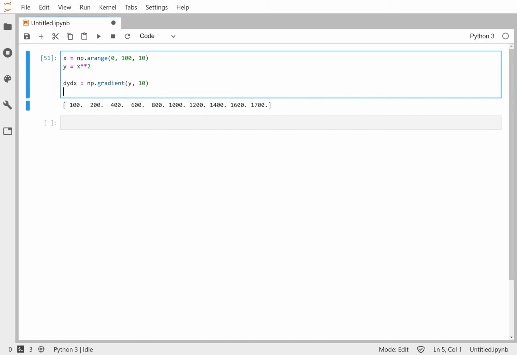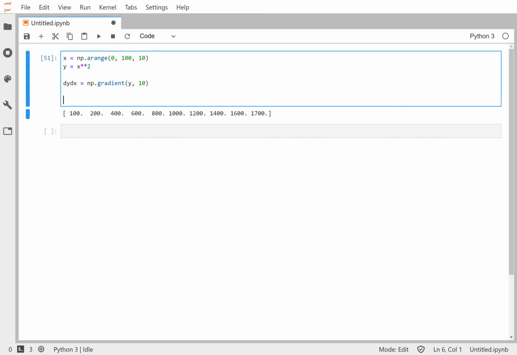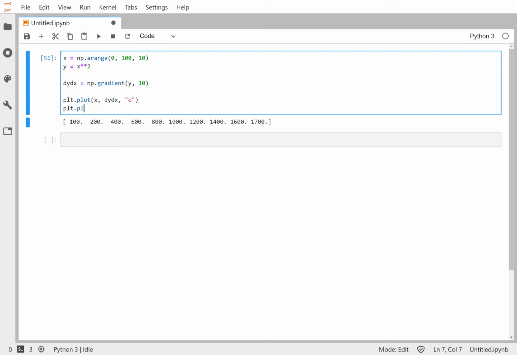Now let's try a quick plot here just to make sure visually we can see what's going on. So I'm going to do a plot of x, dy dx, and we'll make those dots. Okay, so that's what I'm calculating with gradient, and I want to compare it to the analytical answer. I mean, we can do this derivative in our head, right? And we're going to get 2x.